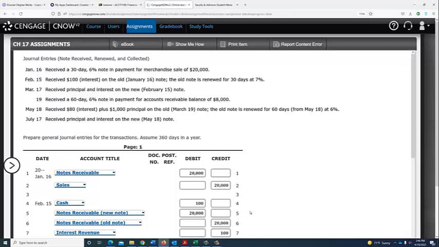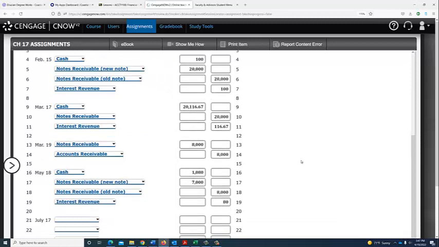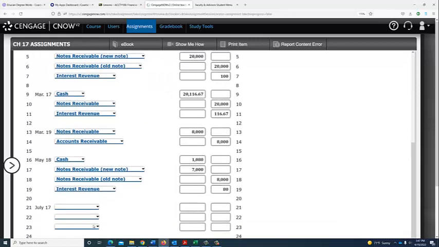On July 17th, we received principal and interest on the new May 18th note. Remember that new note was for $7,000 and it was for 60 days at 6%. So 7,000 times 6% times 60 divided by 360 is $70. So we received all the principal and the $70 interest in cash.